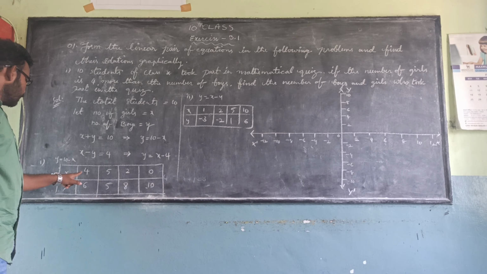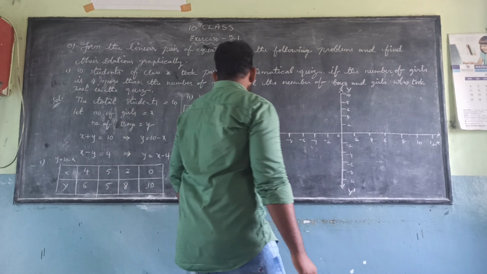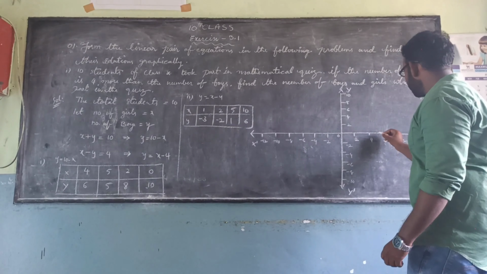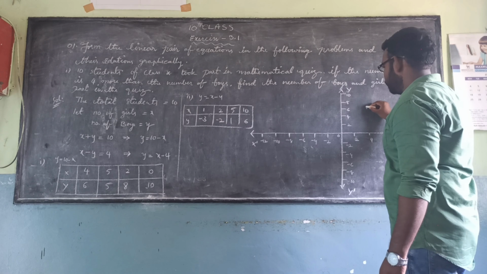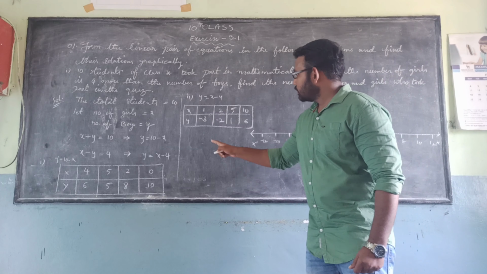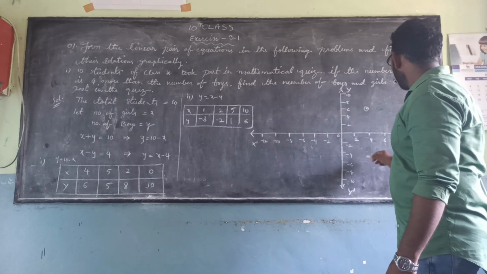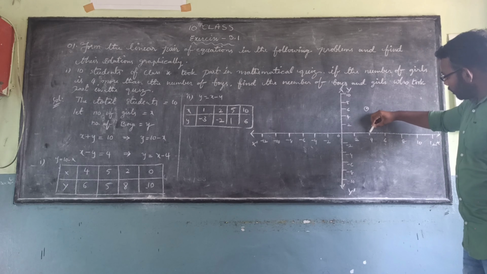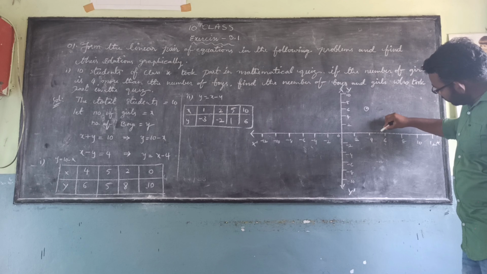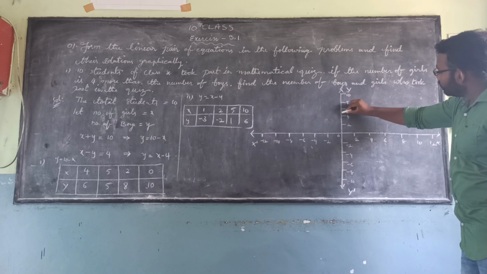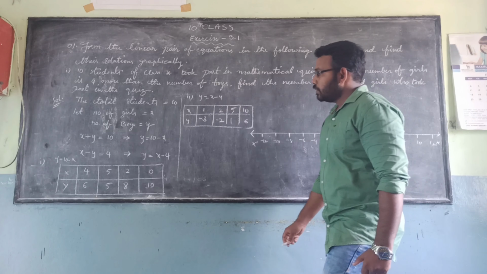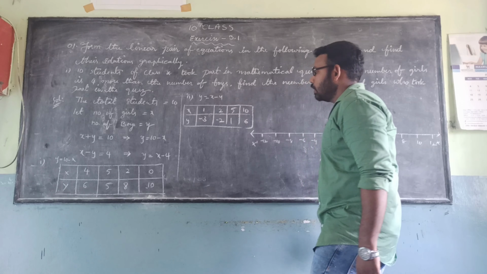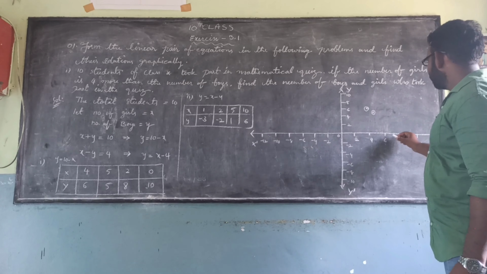Now we have to represent these equations on the graph. First of all, x is equal to 4, y is equal to 6. Here the x coordinate is 4, the y coordinate is 6. Here x is equal to 5, y is also 5, so it is in between 4 and 6. Here x is equal to 2, y is equal to 8.